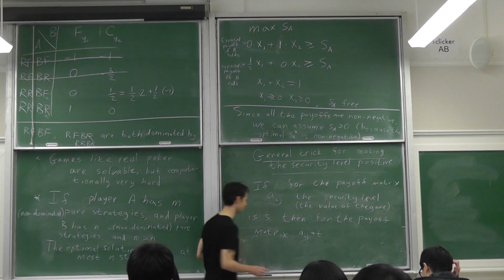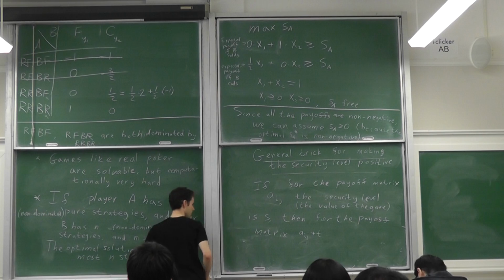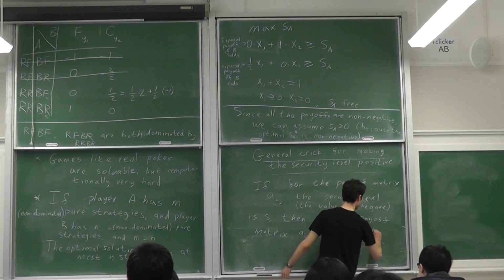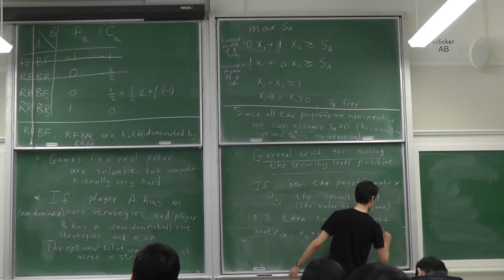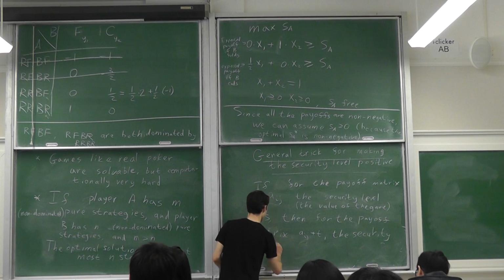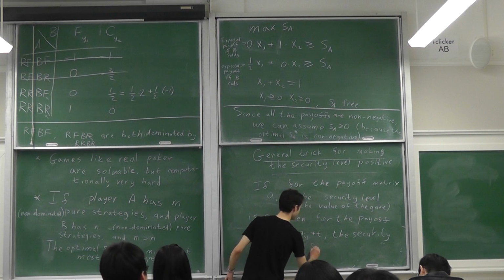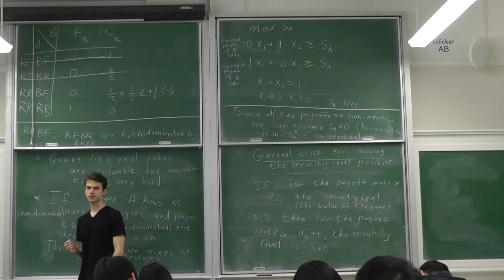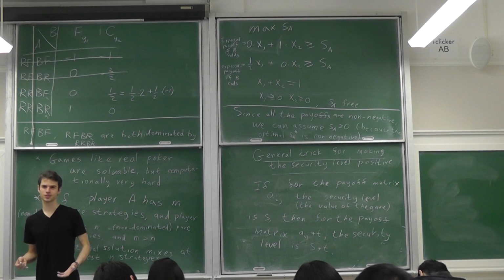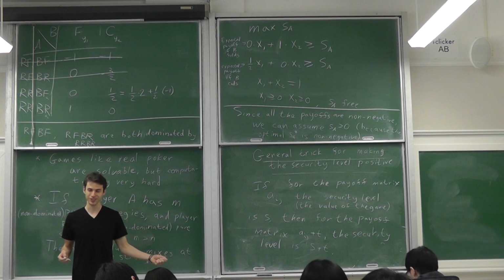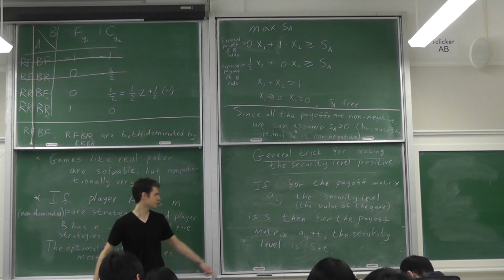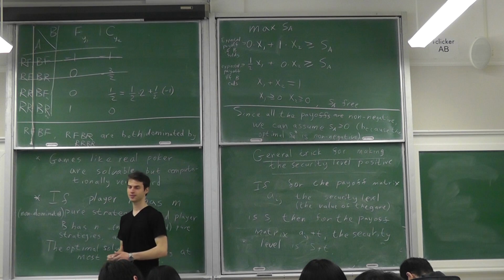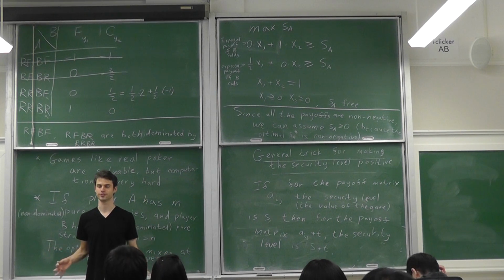But now the security level becomes S plus T. Of course, the first player gets $2 in the beginning of the round and then plays the game with security level S, so the payoff is S plus T. Now choose T large enough.